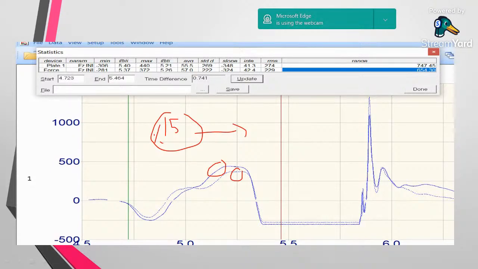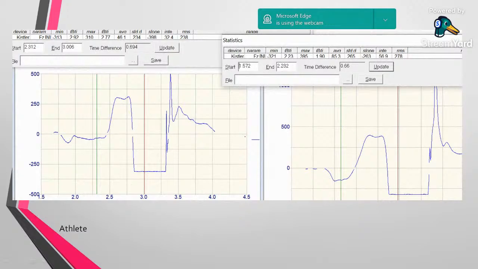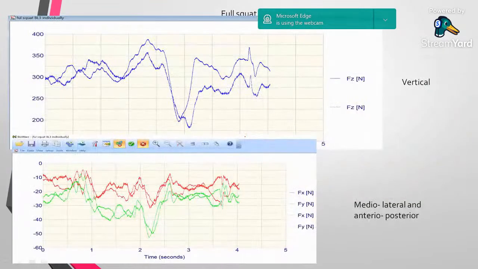So this is again the asymmetry curve. You can also do the squat analysis on this force plate and find out the asymmetry between right and left. But here is a catch: the player can control the squat because it is a slow movement, a full body weight squat.